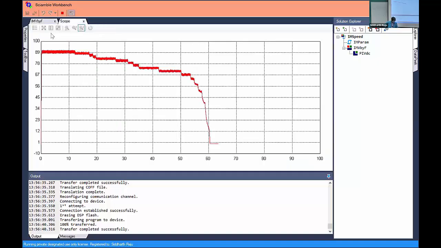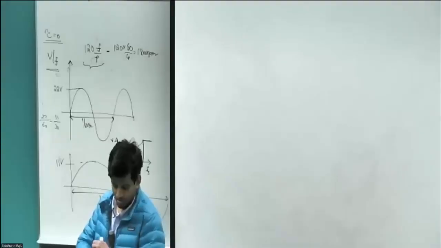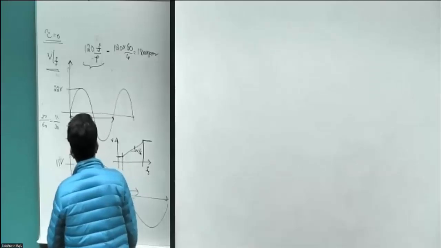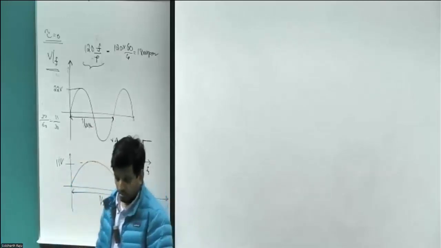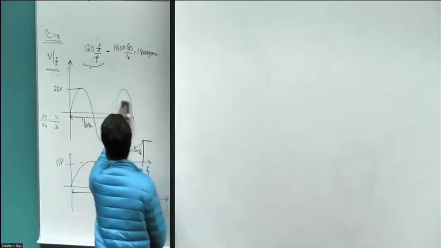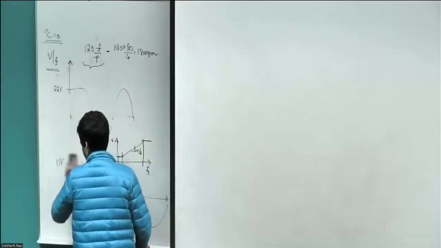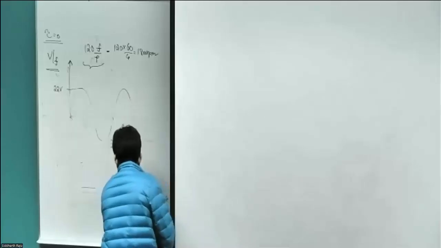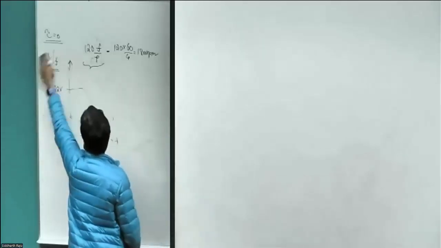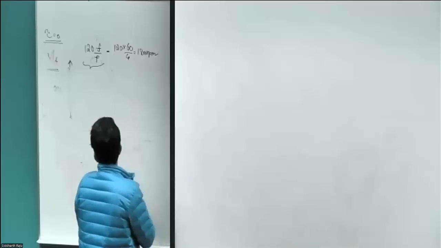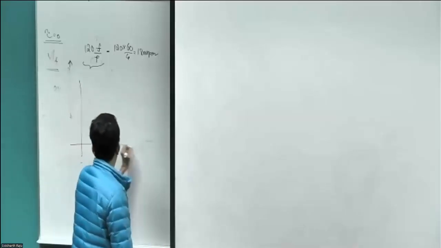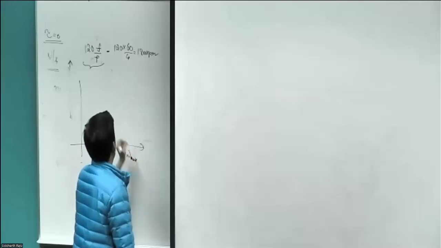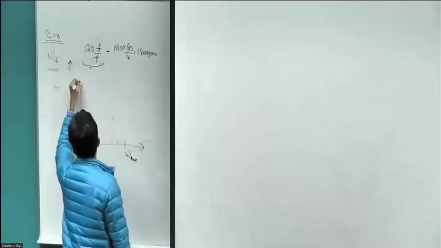So if you go look at the speed, if I increase the torque too much, when my torque is 0, the speed was at its maximum value, very close to 1800 RPM.